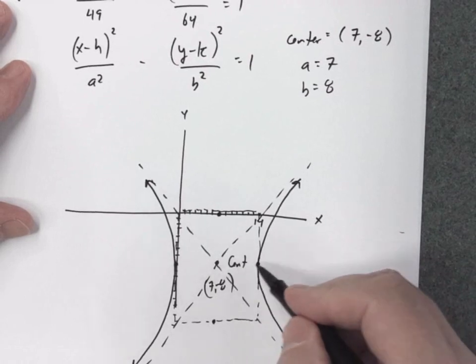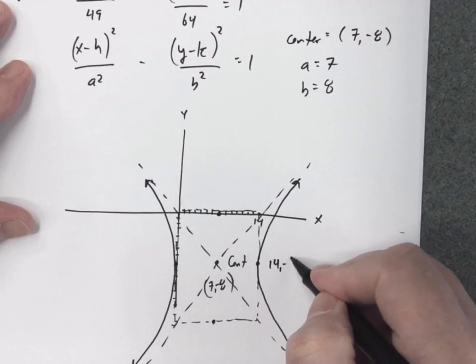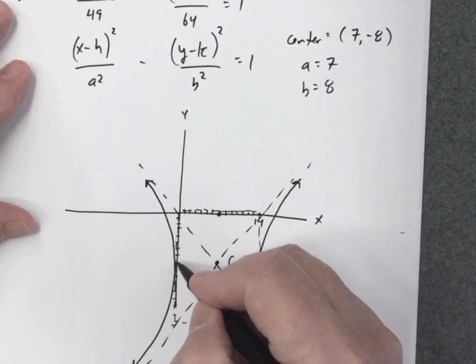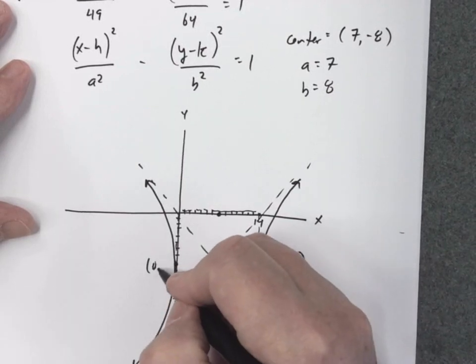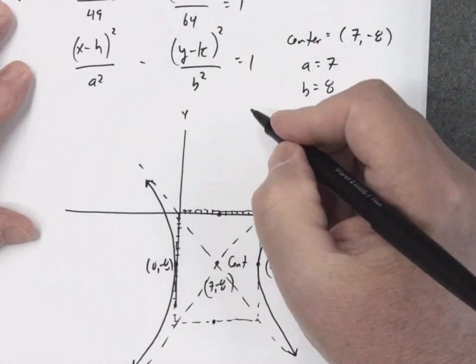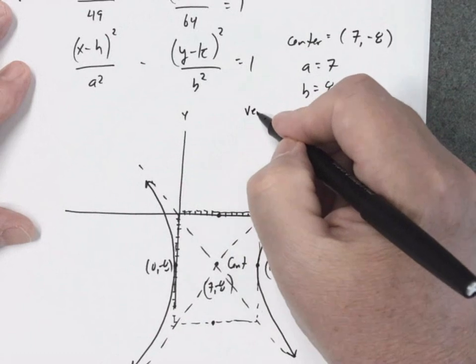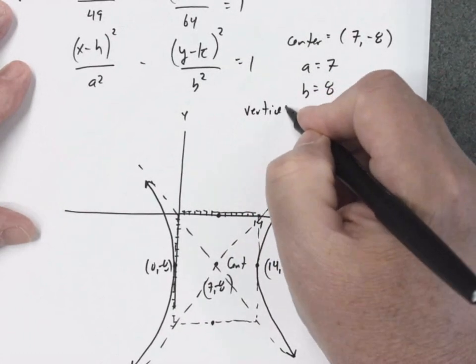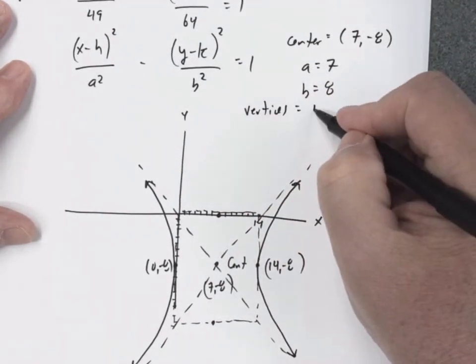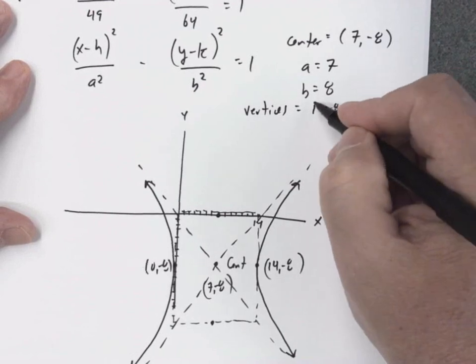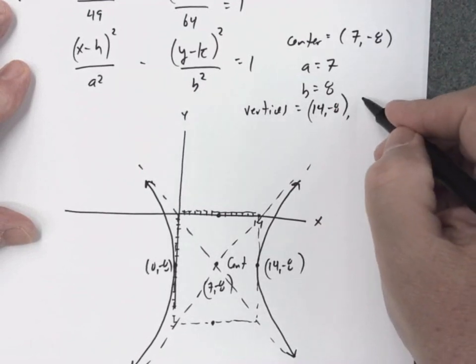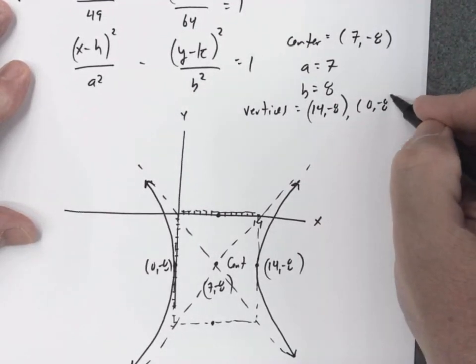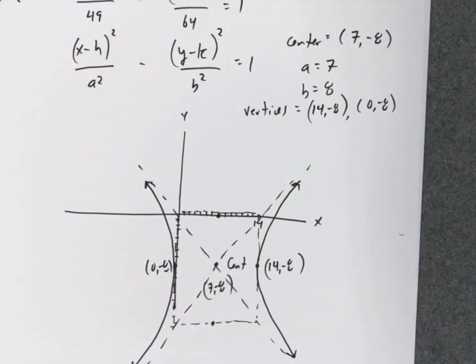And I moved 7 to the right, so it's supposed to be 14, -8. When I move to the left, 0, -8. So I guess I can say the vertices are 14, -8, and 0, -8.